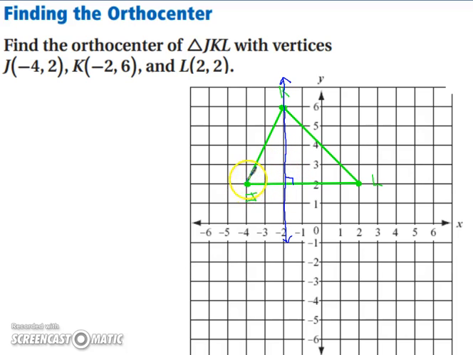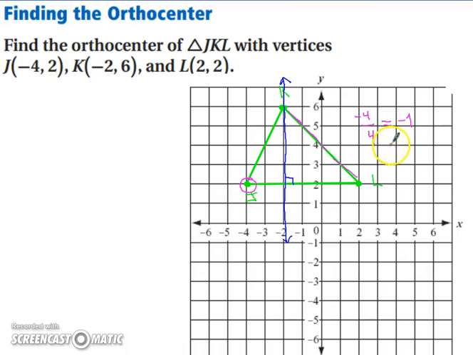Alright, so let's look at point J. So we'll change colors here. We'll go pink. We're going to look at point J, and then we're going to look at this line here. Because we're always playing with opposites. So from this point, we want to meet the opposite side perpendicularly. That means we're going to need to find the slope of KL, which happens to be down 4 over 4, which is the same as saying negative 1.